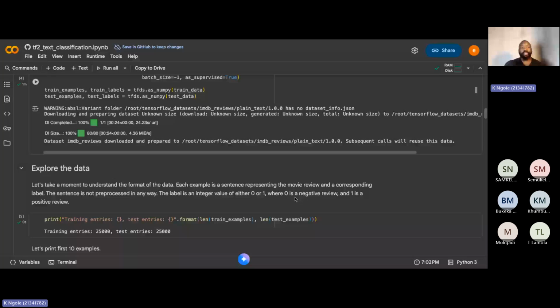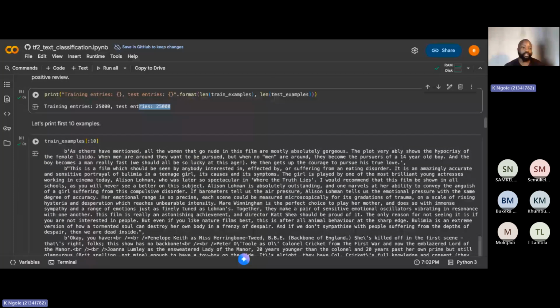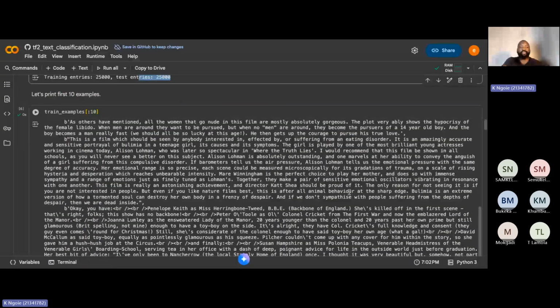Okay, so you can see here we have about 25,000 for training and 25,000 for testing. This is also one of the best practices for building a proper model, because if you have the same amount of training and testing data, then you can evaluate your model properly, rather than having just a few for testing but many for training.